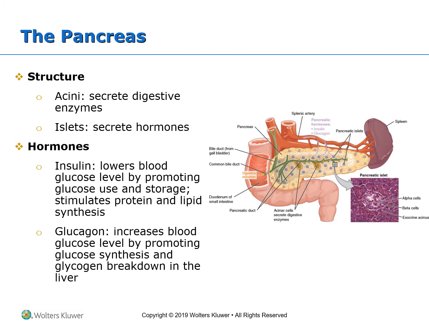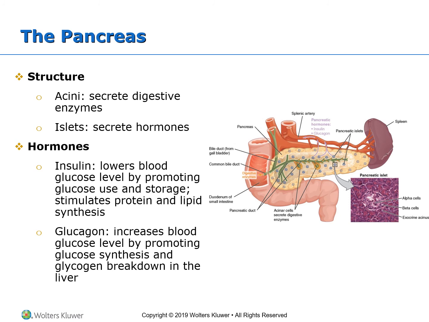We will discuss here a little bit about the pancreas, and we'll focus on what is called the endocrine pancreas. So the pancreas is an organ located in our abdominal cavity in the upper and posterior part of the abdominal cavity. And in terms of structures, it is made out of two components.